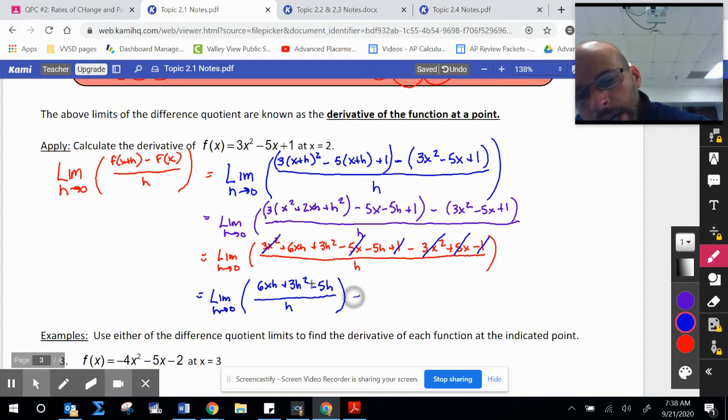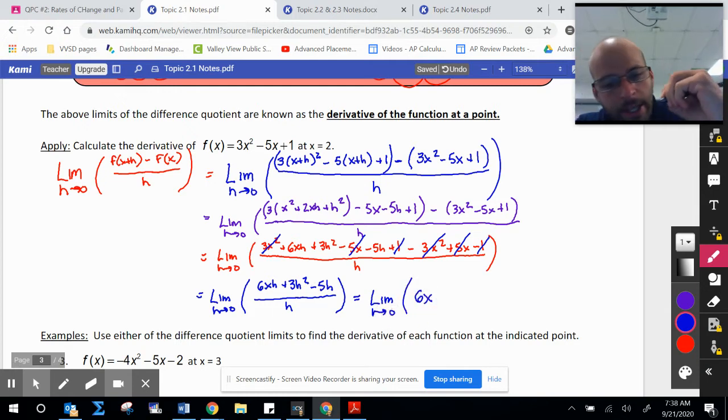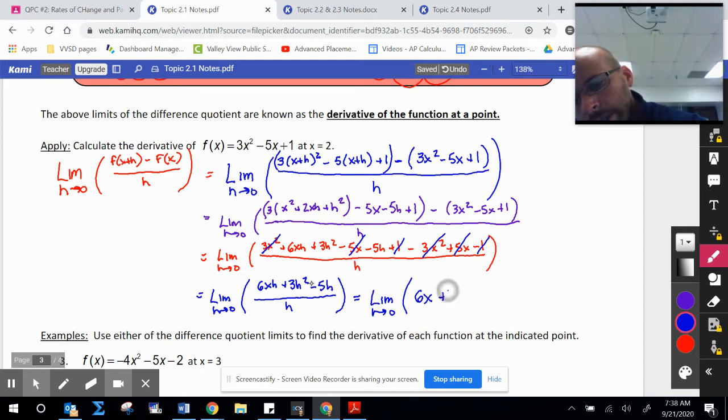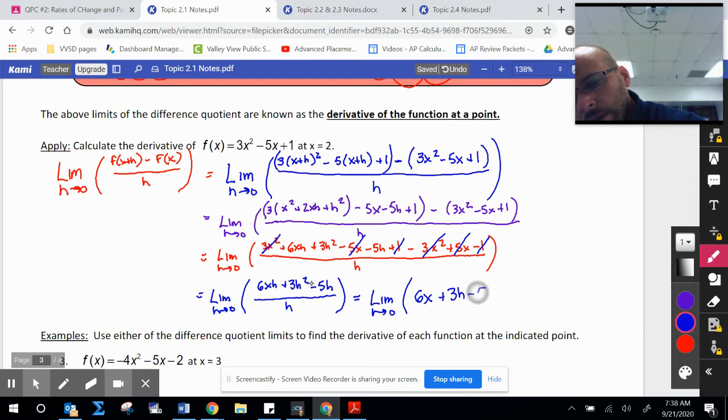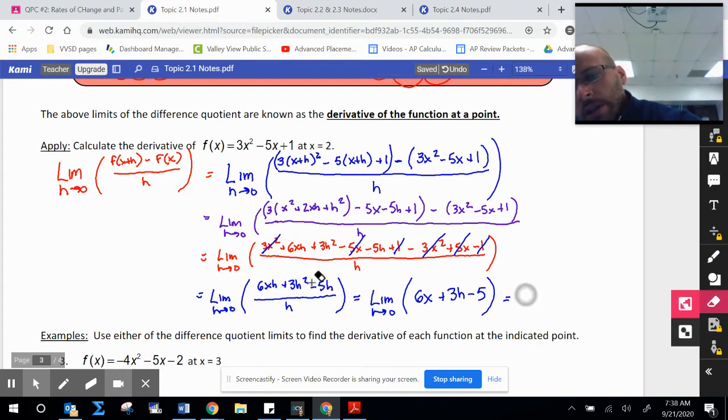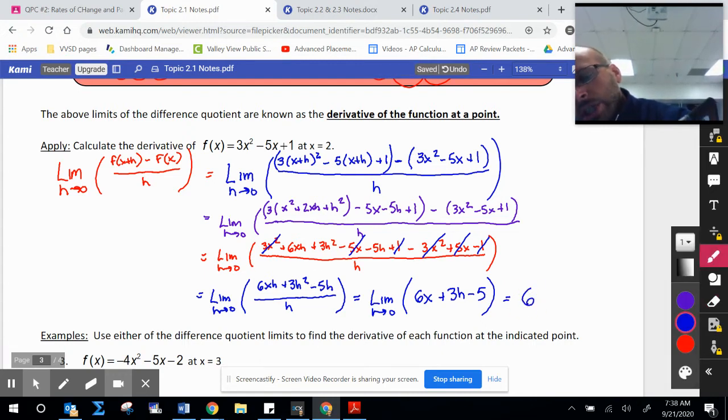If you factor out an h and cancel what's left, I get 6x plus 3h minus 5. Now if we evaluate that limit as h goes to 0, I get the expression 6x minus 5.